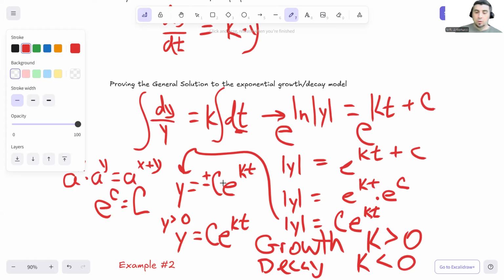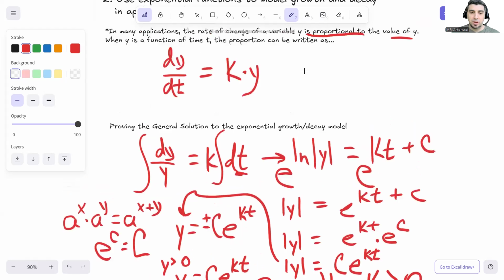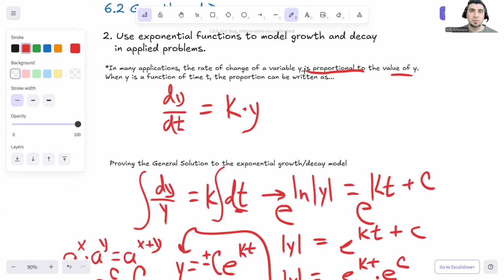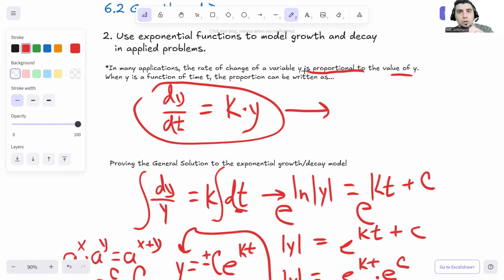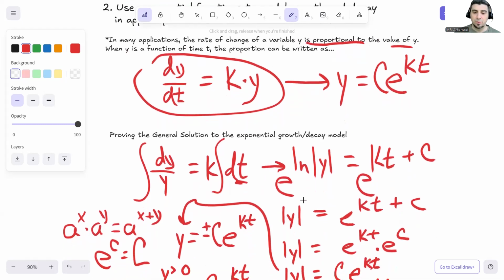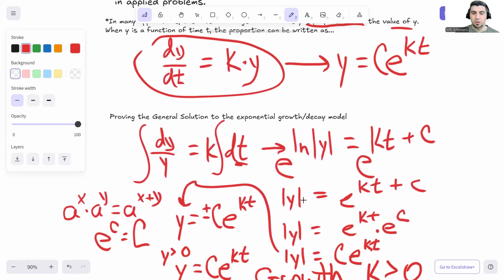Okay? So, in general, if you have a situation where the rate of change of a variable y is proportional to the value of y, so in other words, you have this differential equation, you know that its solution is going to be y equals ce to the kt. You don't have to go through this proof every single time of solving that differential equation.